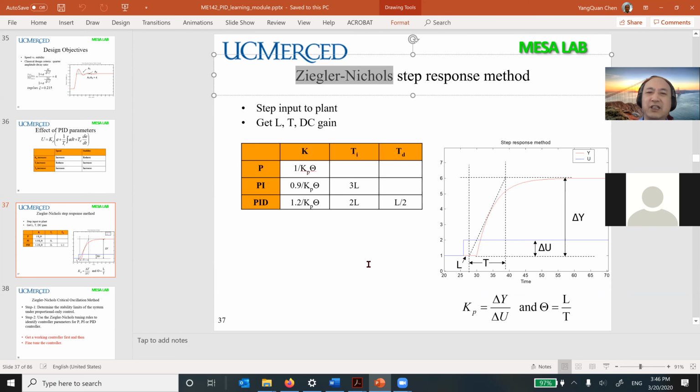So this is kind of heuristic, empirical. There are thousands of papers after Ziegler-Nichols, where people try to refine or polish this PID tuning table. I even did something on that and published it, so you can check my work.